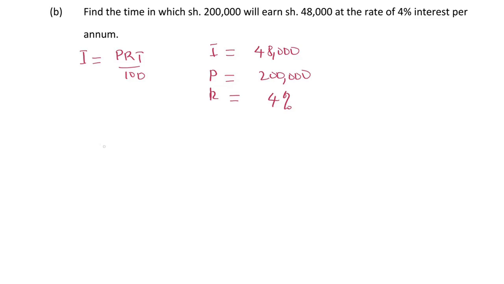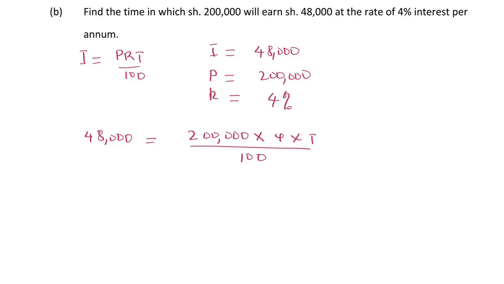Okay, so now let us substitute the values into our formula. Then our equation is going to be 48,000 equals 200,000 times 4 times T over 100. Okay, so next let us make T the subject.